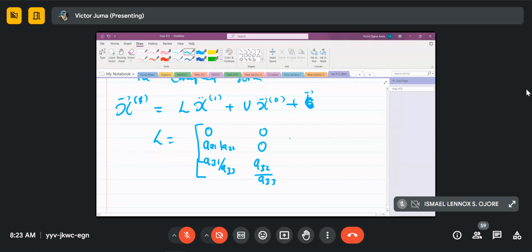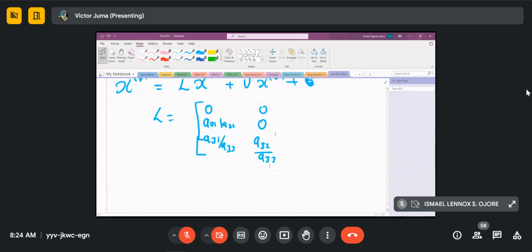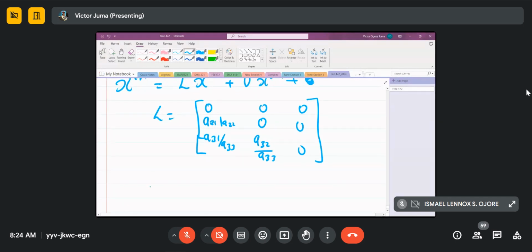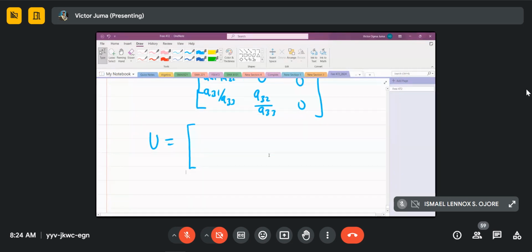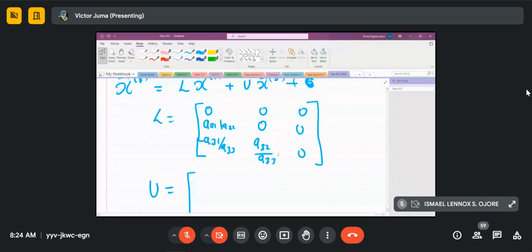Huh? No, there's something missing somewhere, right? No. Yeah, I think you are okay. And then this is 0. I have 0. I have 0. It's just a lower triangular matrix, and then you can take U the same way. So your U is basically here, this is 0.